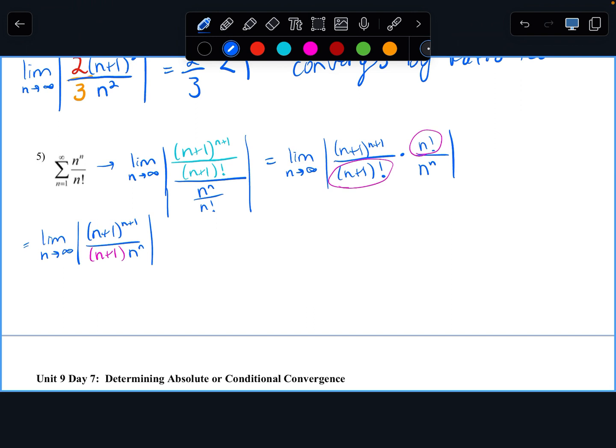But do you see how now you can reduce that? Do you see what I mean? Because you've got 2 n plus 1, so you're going to get rid of one of them to divide it out. Is everyone okay with that? Because there's just no numbers in this problem right now. Because then we've got limit n goes to infinity. So this is what we've got. n plus 1 to the n all over n to the n.